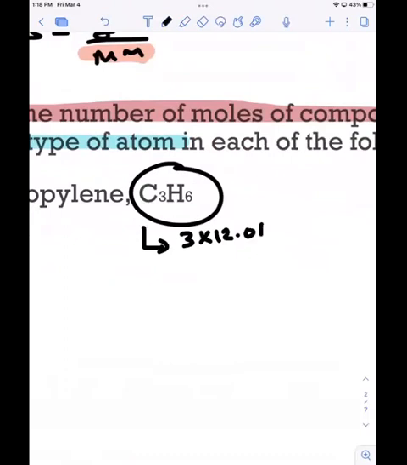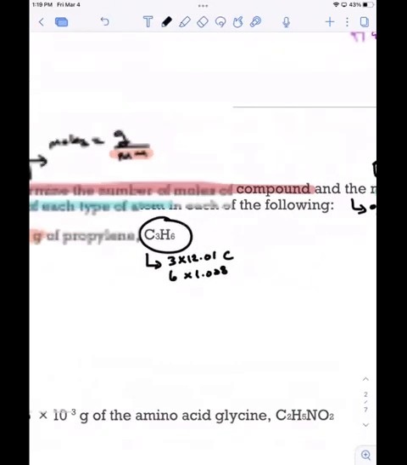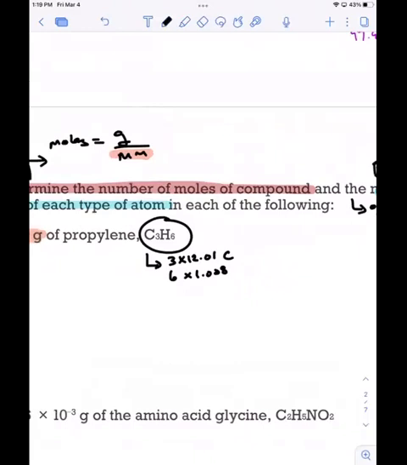I got a question. Go ahead. With this, wouldn't we split up the 3 carbons and the 6 hydrogens, multiply them, and then set the grams over the molar mass of those? Or do we put both of them together? No, you're right. We're going to sum them up to get the molar mass.